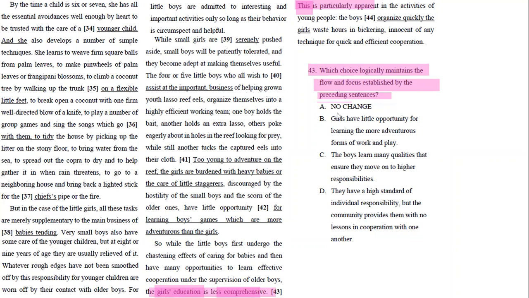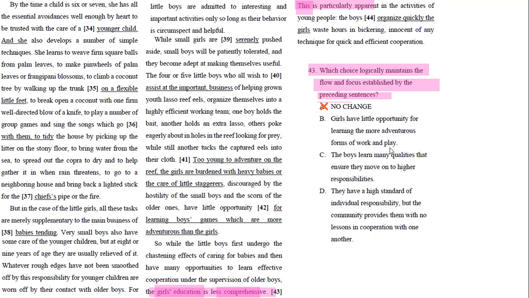If you look at A, this is particularly apparent in the activities of young people. The boys organize themselves quickly. This is not really going to show you how the girls' education is less comprehensive. This one says, girls have little opportunity for learning the more adventurous forms of work and play.